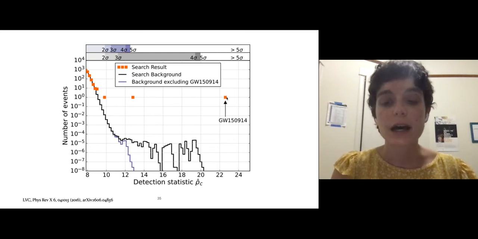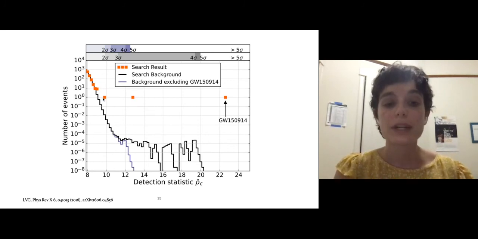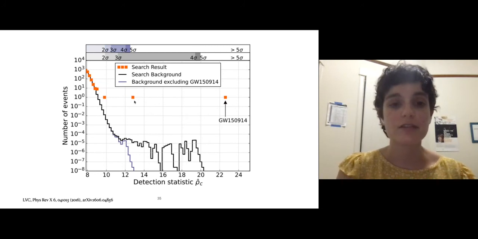You can see here in orange is everything that was found as a trigger. There are 3 events here that are pretty separated from the background, especially the loudest event, which happened to be the first detection, GW150914. At this detection statistic of more than 22, there is essentially no noise background. And that is the same for this event and also sort of for this event.